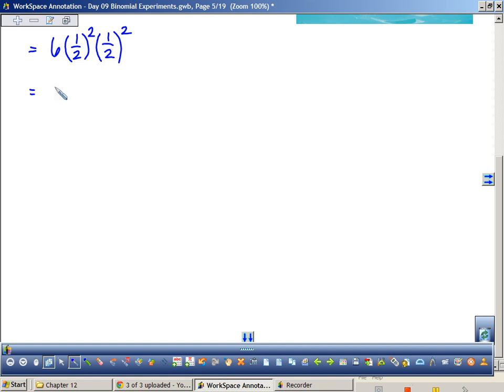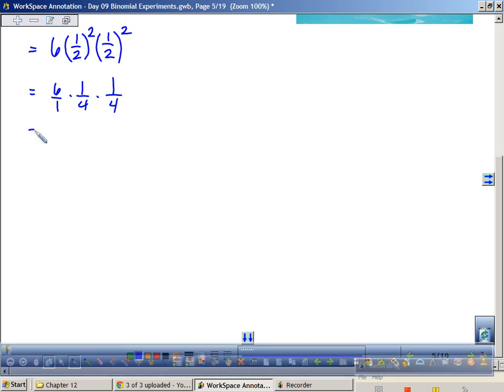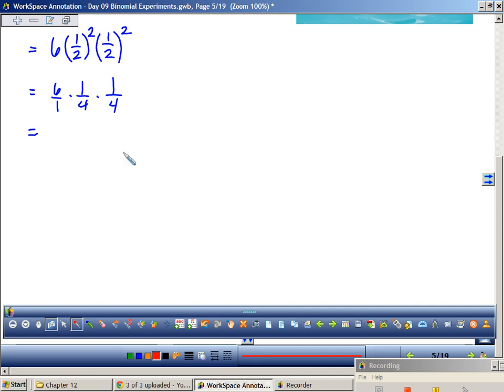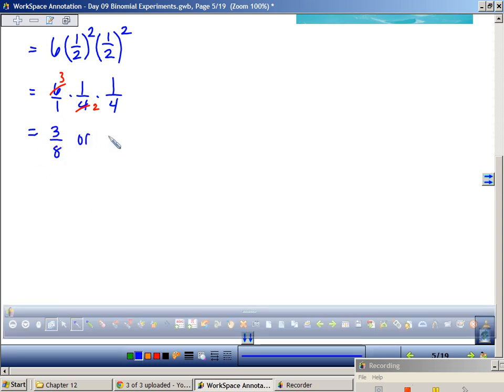Which equals 6/1 times 1/4 times 1/4. Which equals, let's see, this cancels. This with a 2 and a 3. So 3/8. Or about, I think it's 37.5%.